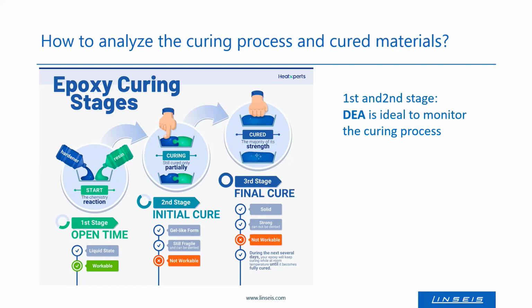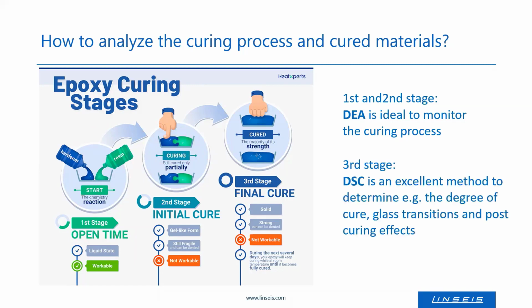With the dielectrical analysis, DEA, you usually investigate stage 1 and stage 2, so the curing process itself. With the DSC, you look more at the final product, which is cured, which is at the end of the reaction, and you are investigating glass transitions and maybe post-curing effects.